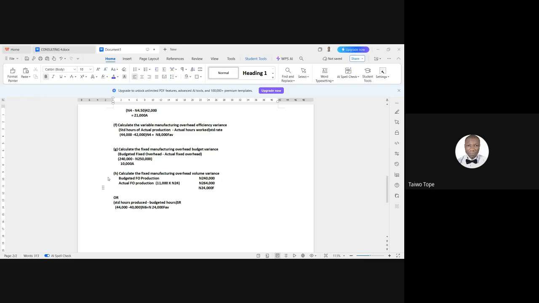We can also attempt this question. Question 3. Let me see the year. High Tech PLC. Prepare a full standard cost card per batch showing contribution margin. Calculate the relevant variances and prepare a report.